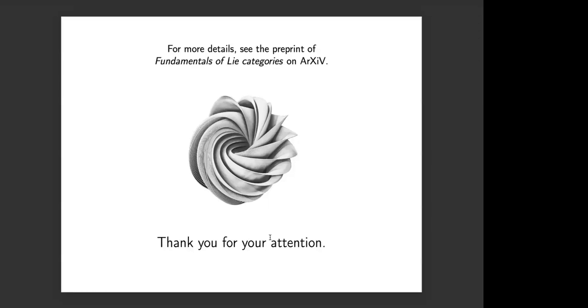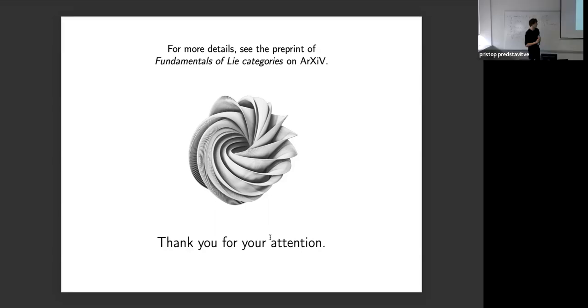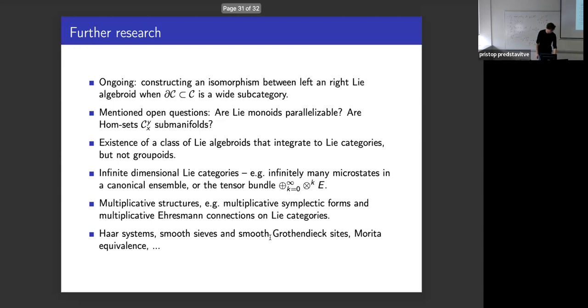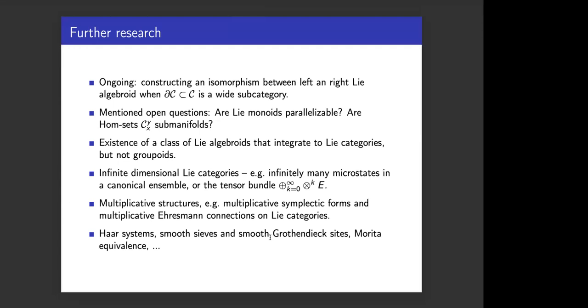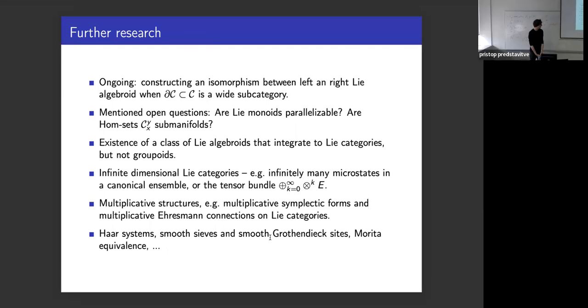So do you have any examples of Lie algebroids which are integrable to a Lie category but not to a Lie groupoid? Yeah, that's precisely what I asked here, right? So do you have a single example? No, I don't have that example.